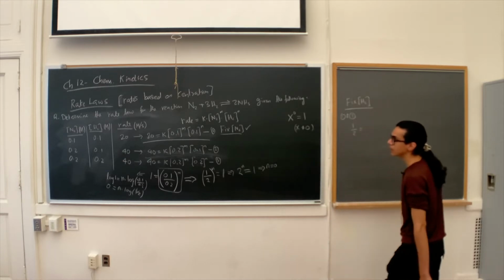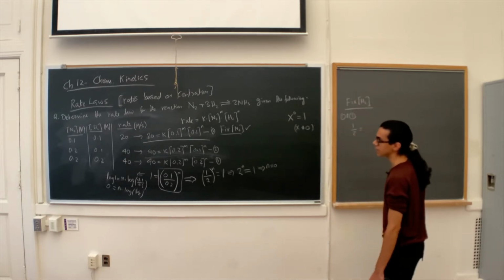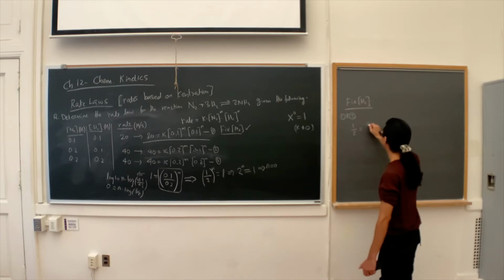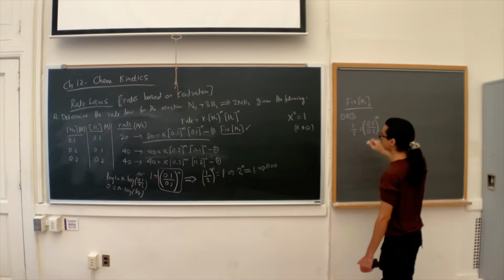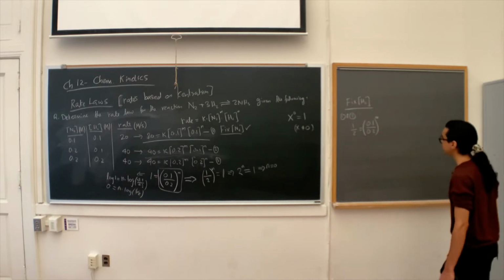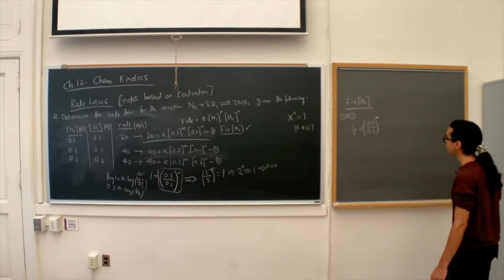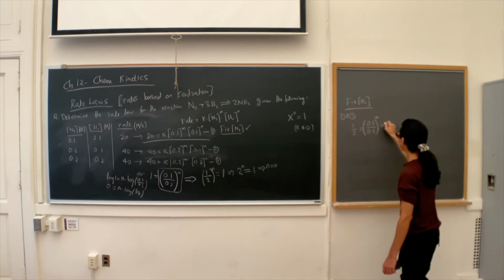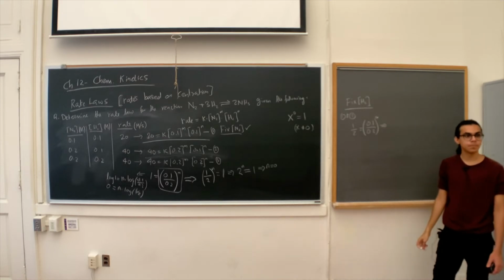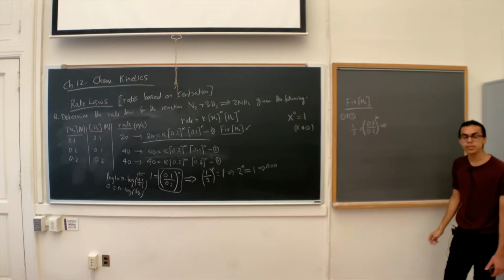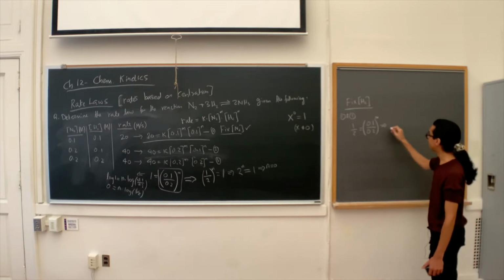K's cancel. The 0.1 to the n cancels, but the m survives this time. Taking out the common power of m, 0.1 over 0.2 is 1/2 again.